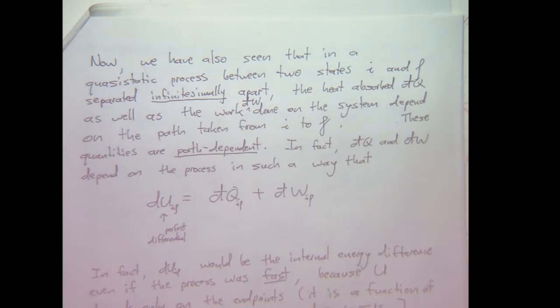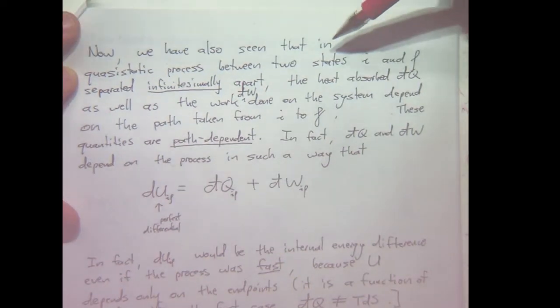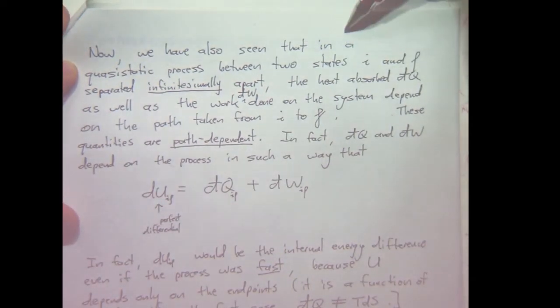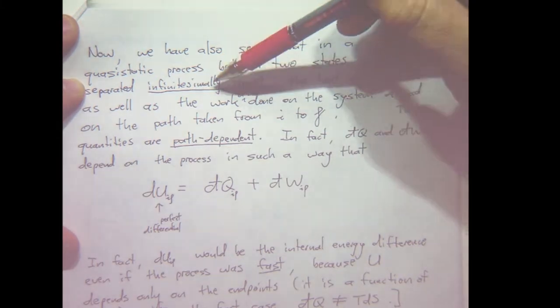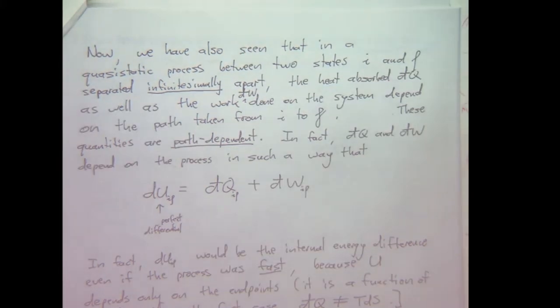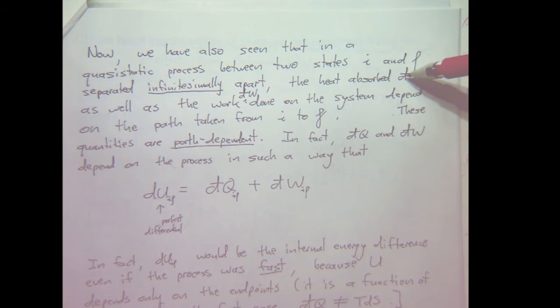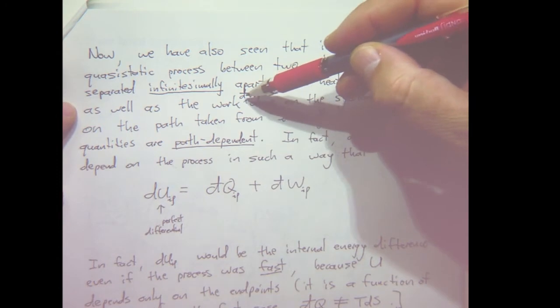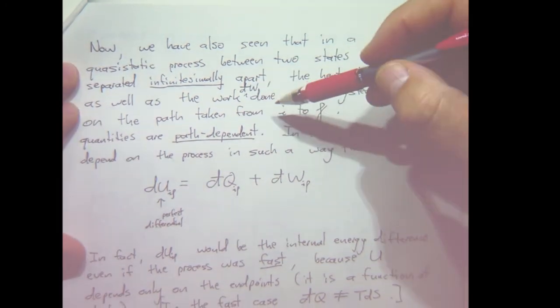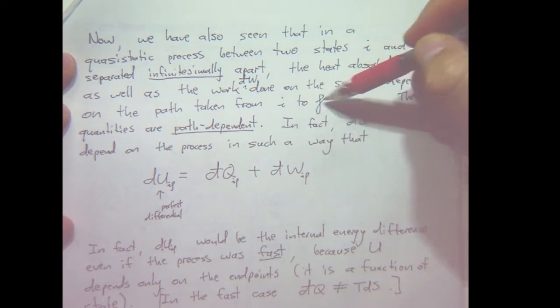One last point that I want to make is this. We've also seen that in a quasi-static process between two states, I and F, where these two states are very close together in a thermodynamic sense for a particular system, whatever close together means for that system, the heat absorbed is an imperfect differential, d-bar Q, and the quasi-static work is dW, and it depends on the path taken from the initial point to the final point.